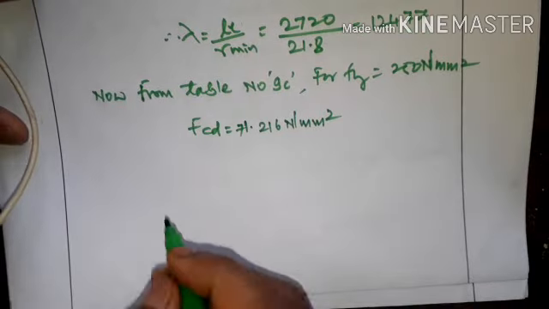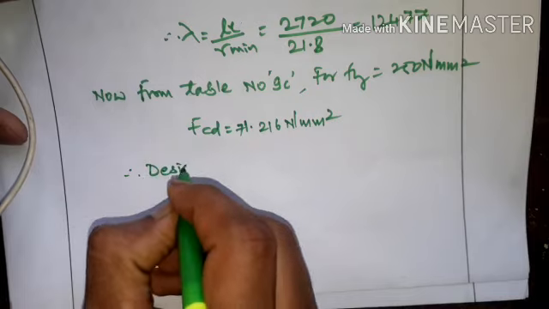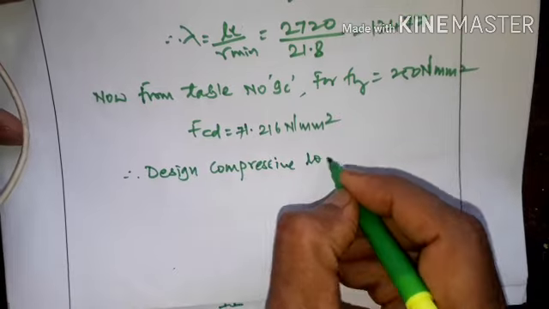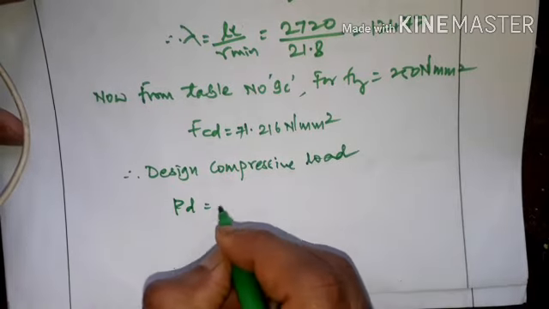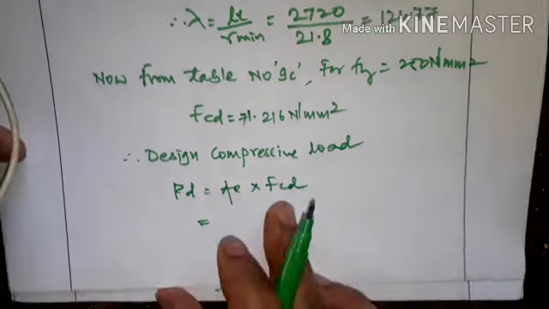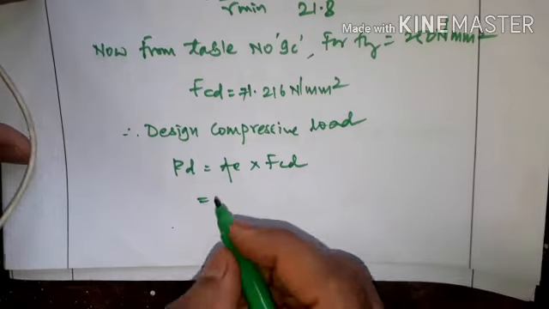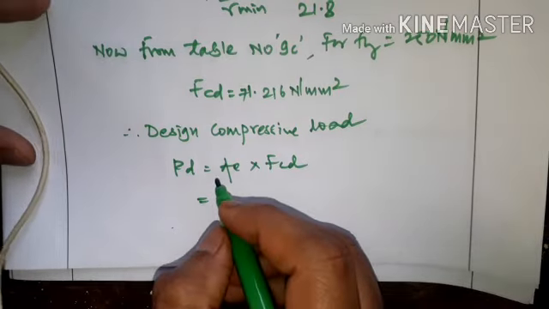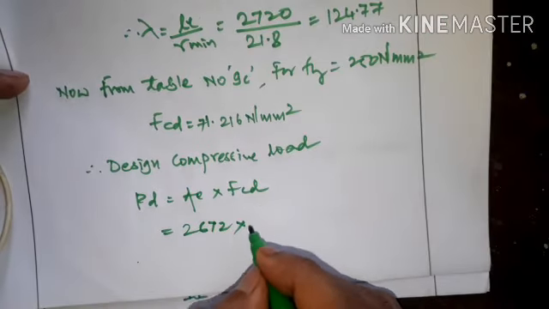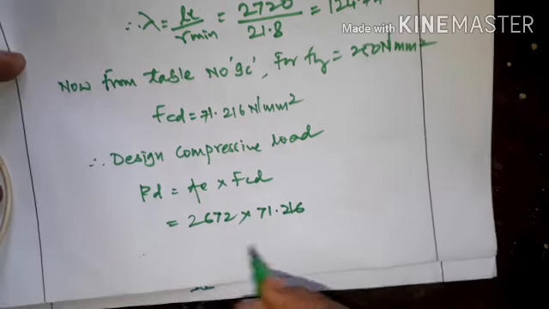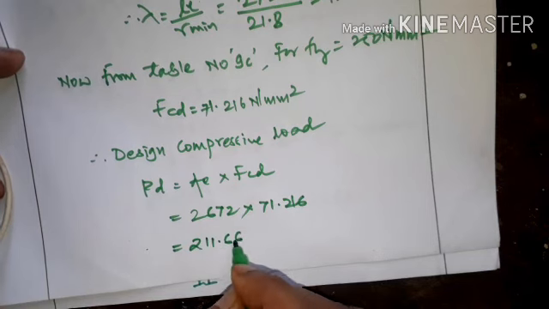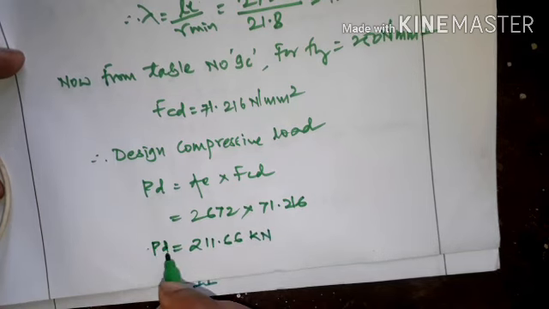Therefore the design compressive load Pd is given as Ae into fcd. The area is 2672 and fcd is 71.216, so we get Pd as 211.66 kilonewton.